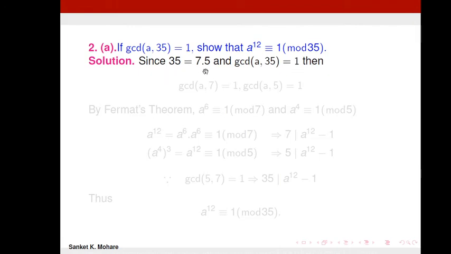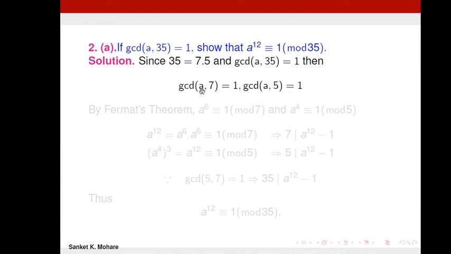Since 35 is equal to 7 into 5 and GCD of a comma 35 is equal to 1, this is given. Then as GCD of a comma 35 is 1, GCD of a comma 7 is also 1 and GCD of a comma 5 is also 1.